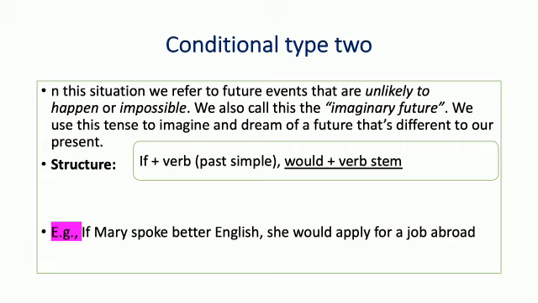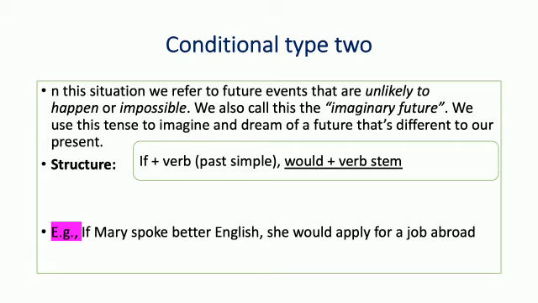Okay, we use conditional type 2 in a situation when we refer to future events that are unlikely or impossible to happen. We also call this the imaginary future. We use this tense to imagine and dream of a future that is different to our present.